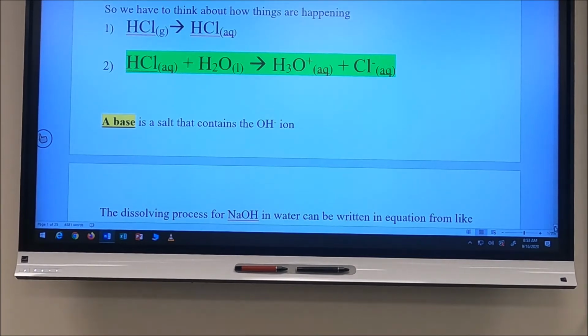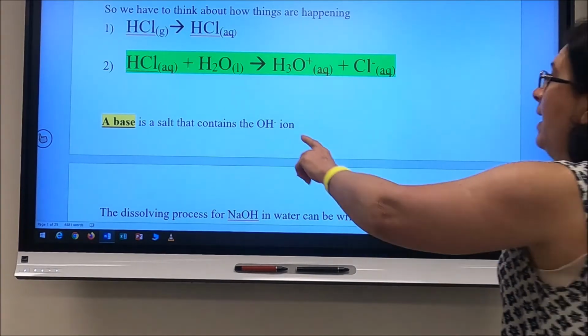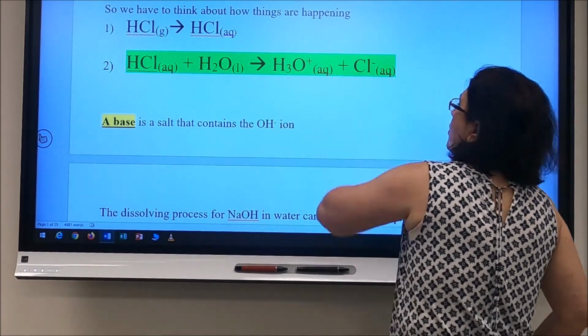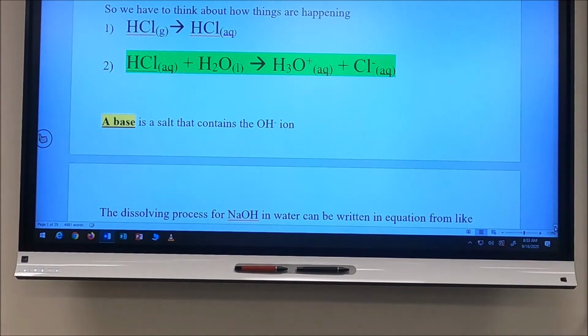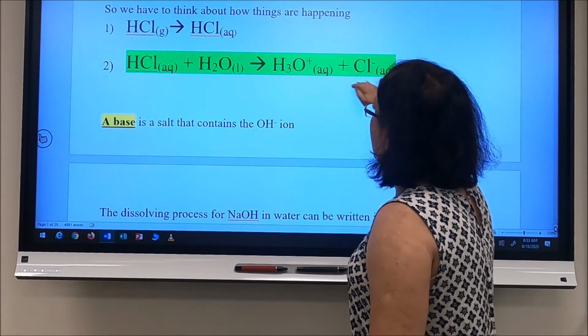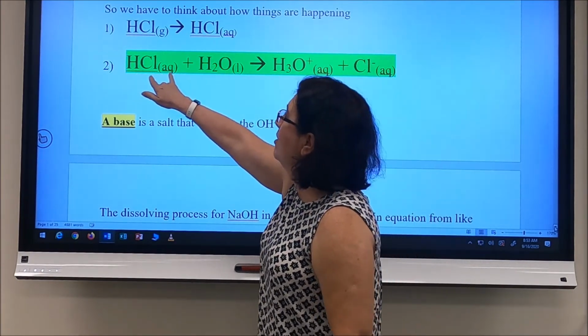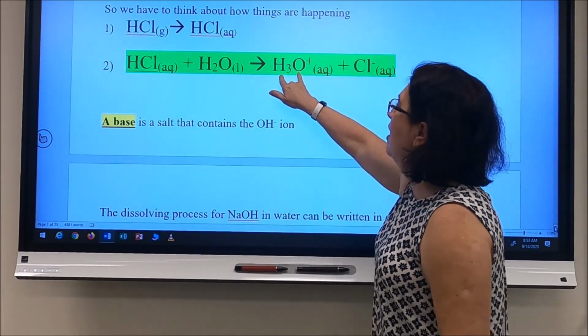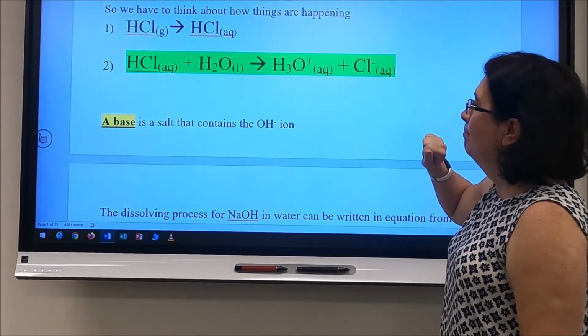HCl gas dissolves in water to give us HCl aqueous. Now, the HCl aqueous does not just sit there and float in the water. It reacts with water to produce hydronium ions and chloride ions. So this is the definition of an acid. The acid molecule reacts with water to give us hydronium ions and an anion.